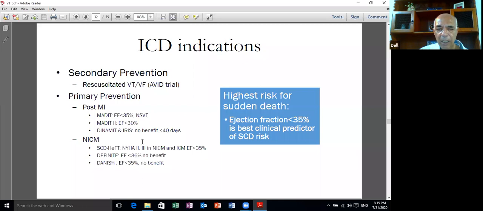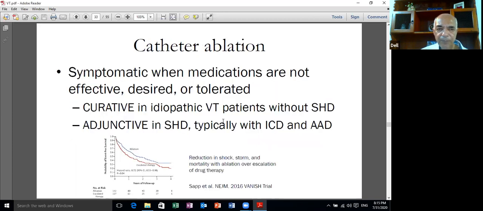But generally, we use an index of pump function rather than an electric index to identify people who are indications for ICD. Meanwhile, we are confident for secondary prevention. We are a little less confident in patients with primary prevention.